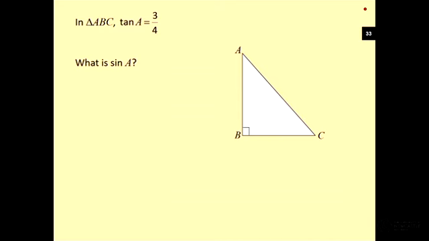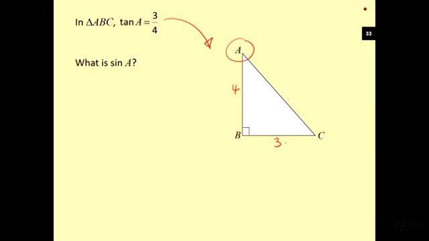Let's mark that in. Tan of A, so we're talking about this angle, tan means opposite over adjacent, so it's a ratio 3 over 4. I'm not saying that's 3 metres and 4 metres, I'm just saying it's 3 whatevers, 4 whatevers, but that triangle is in the ratio 3, 4.